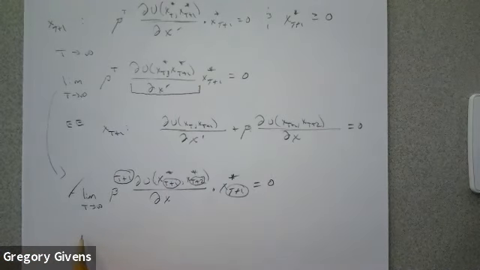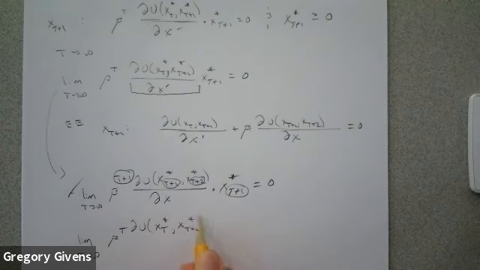So this becomes the limit as T goes to infinity of beta to the cap T times the partial of u(x_t, x_{t+1}) with respect to the first argument, times x_t, is equal to 0.